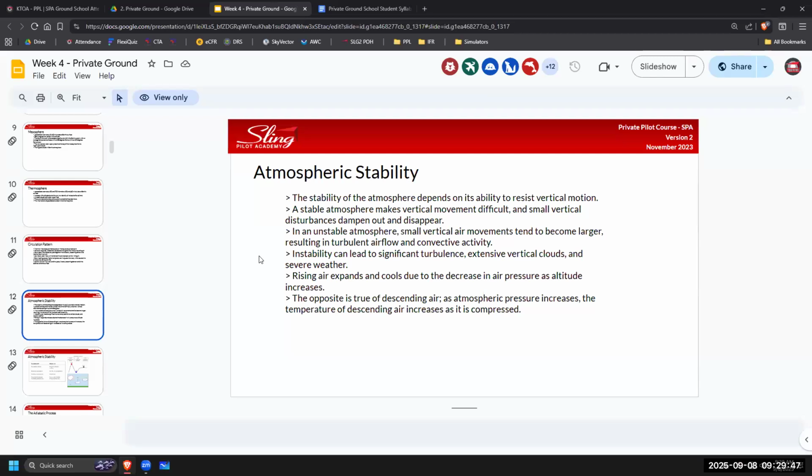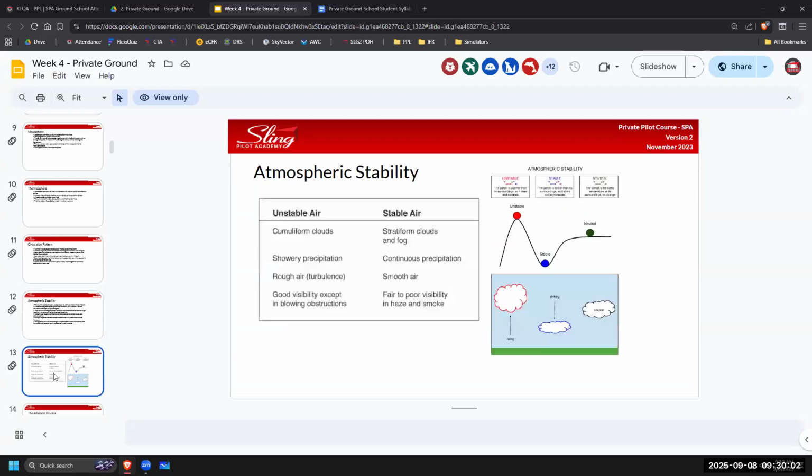And the opposite is true for descending air. Atmospheric pressure increases, and the temperature of descending air increases as it's compressed. We'll come back to this. Hopefully there are some pictures and fun.